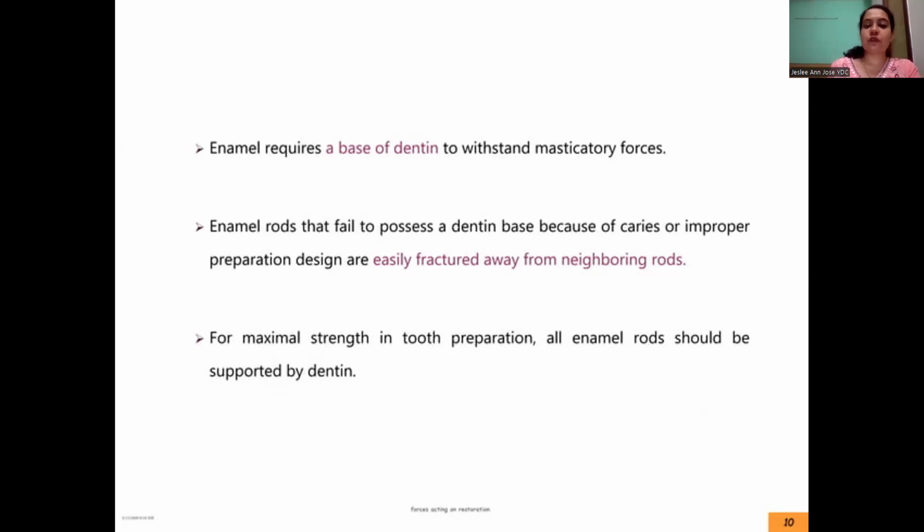So in cases wherein there is backward caries, when the caries initiates from the dentino-enamel junction and later progresses to the enamel, though we have an intact enamel, the dentine beneath it would be weak or compromised. In such cases, the enamel also reduces its strength.